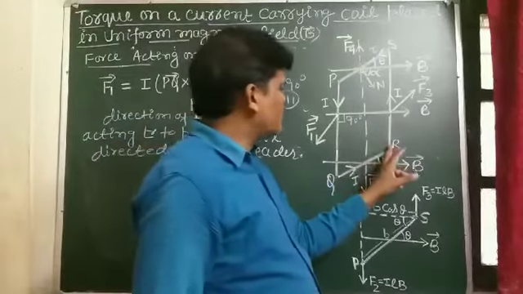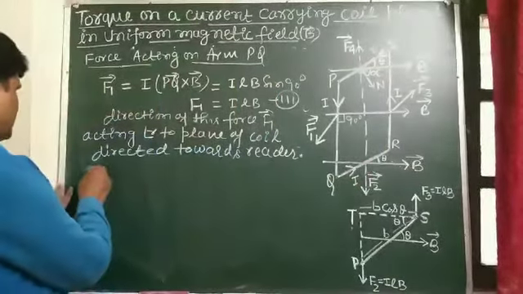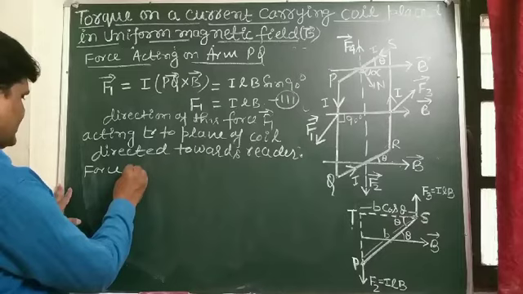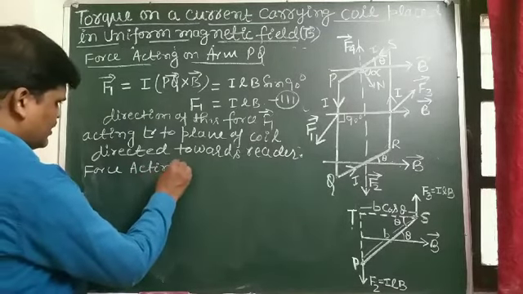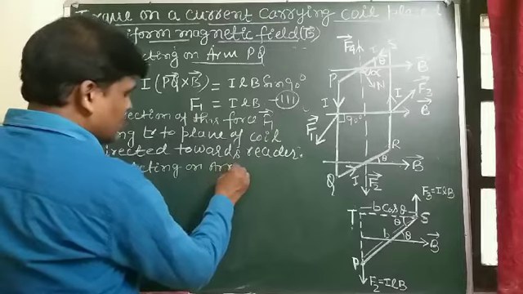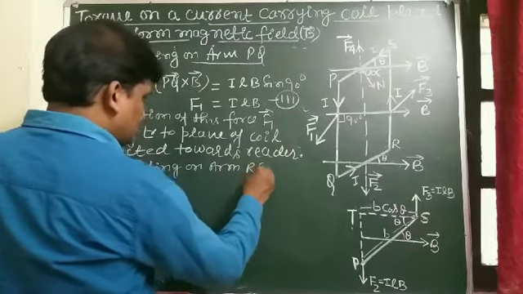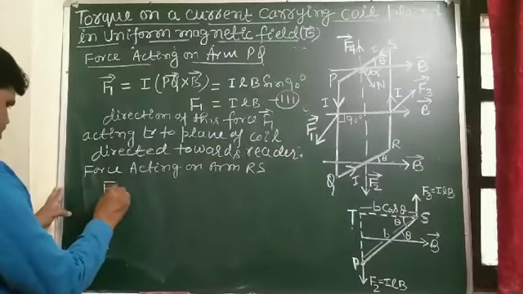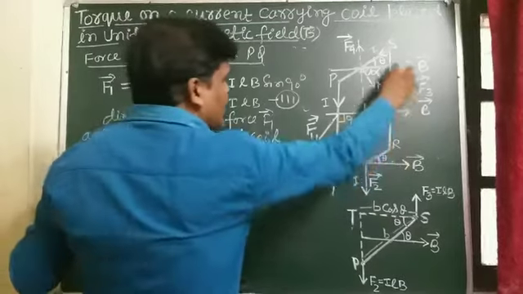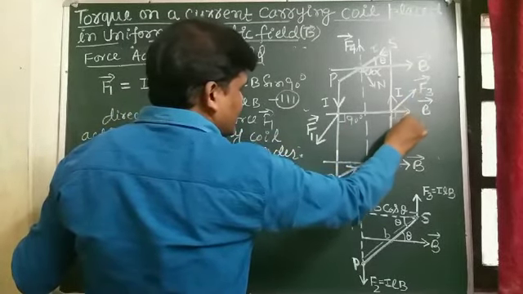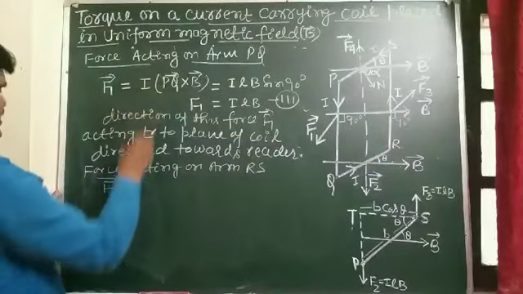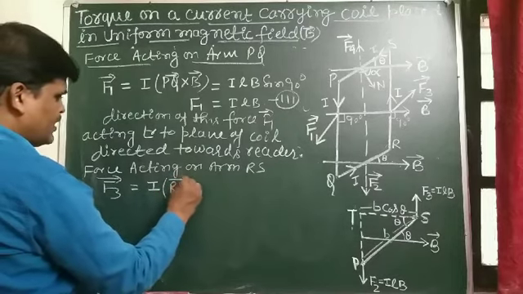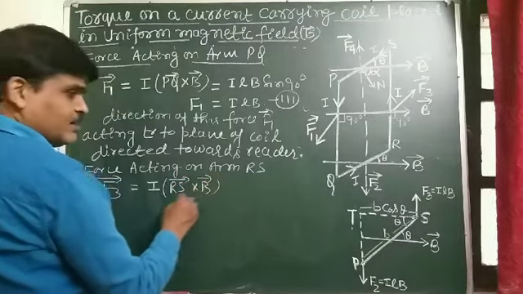Similarly student, force acting on arm RS in the same way, and here force, that is F3. So F3 can be written as, here also angle between the magnetic field and the current element is 90 degree. So F3 can also be written as I, current same, RS vector cross magnetic field, ILB sin theta.